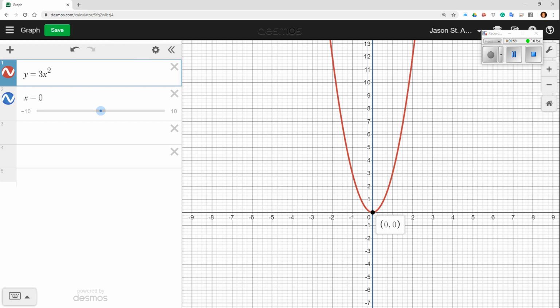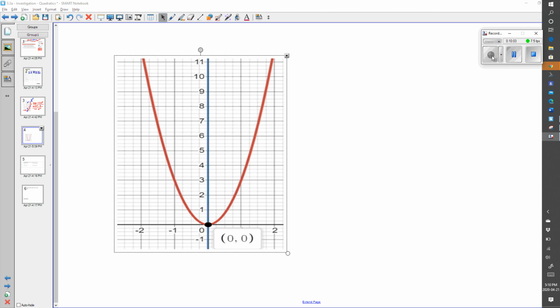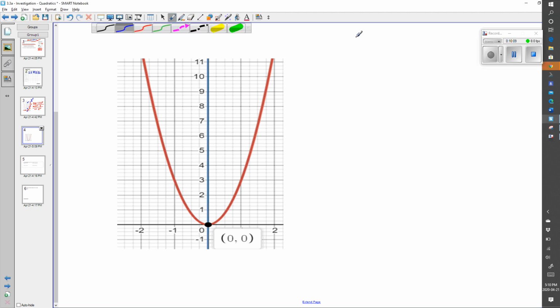So let's take a look at that and make sure we get all that information. Remember, for y equals x squared, our steps were 1, 3, and 5. And those were the steps to move up. So if I graphed this, it would look a little different compared to this graph.